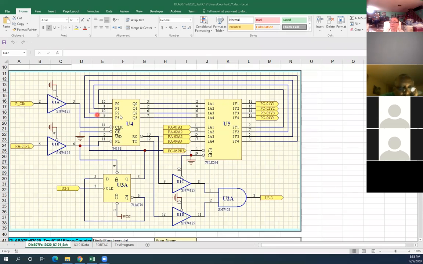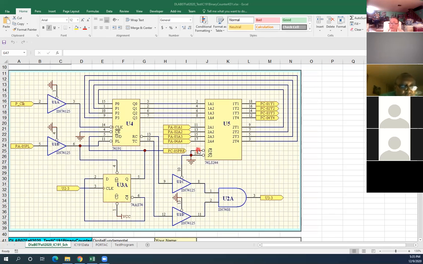And now we go into this IC here, 244. The 244 is also a buffer. That means input and output will be the same. They will be controlled by pin 1 and pin 19.